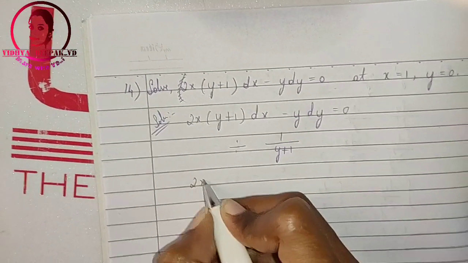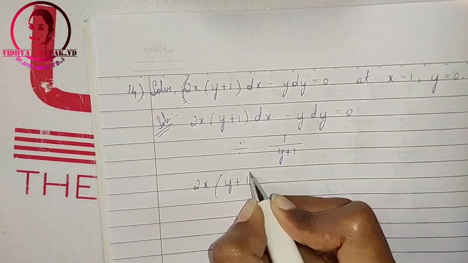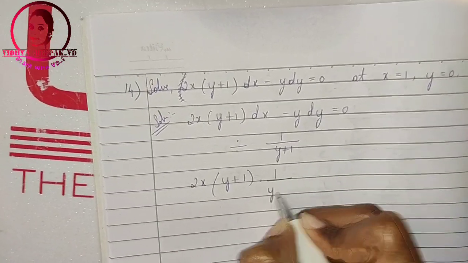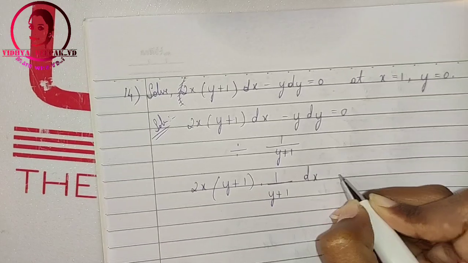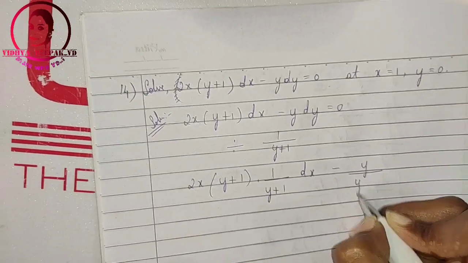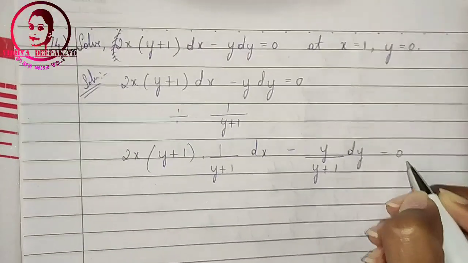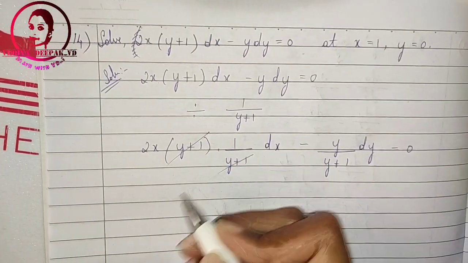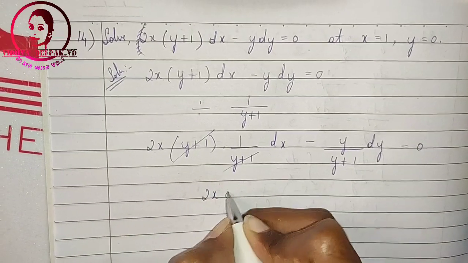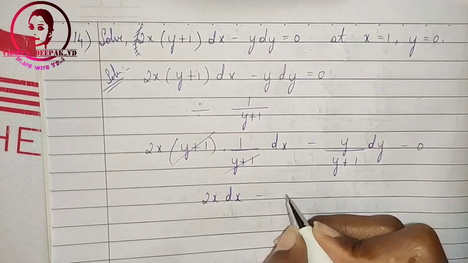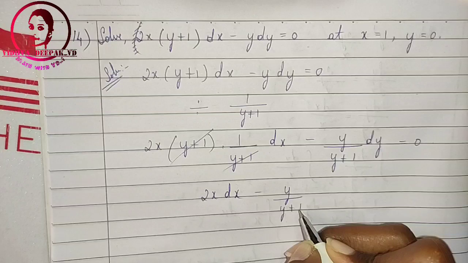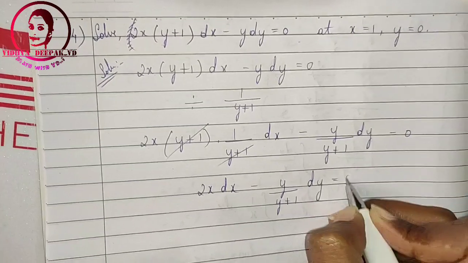What do we get? 2x(y+1)(1/(y+1))dx - (y/(y+1))dy = 0. We can cancel these two, and we get 2x dx - (y/(y+1))dy = 0.